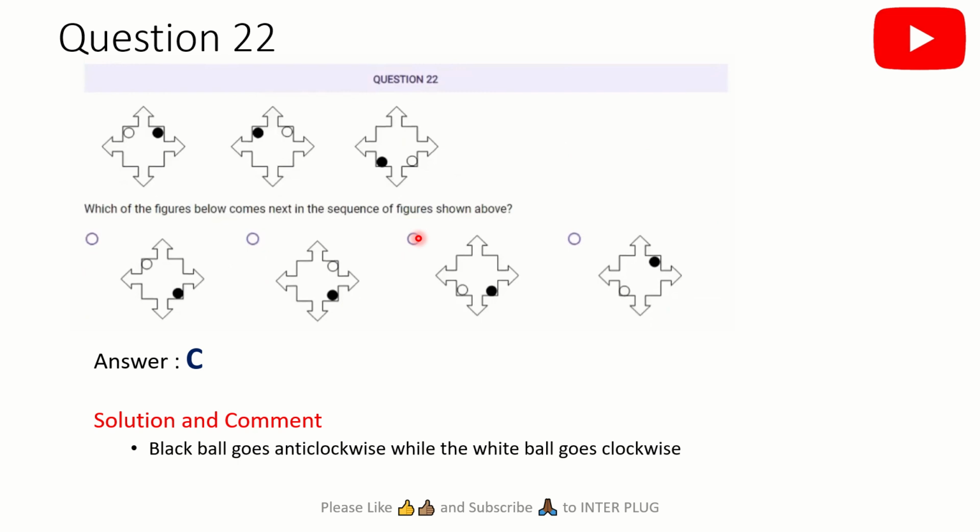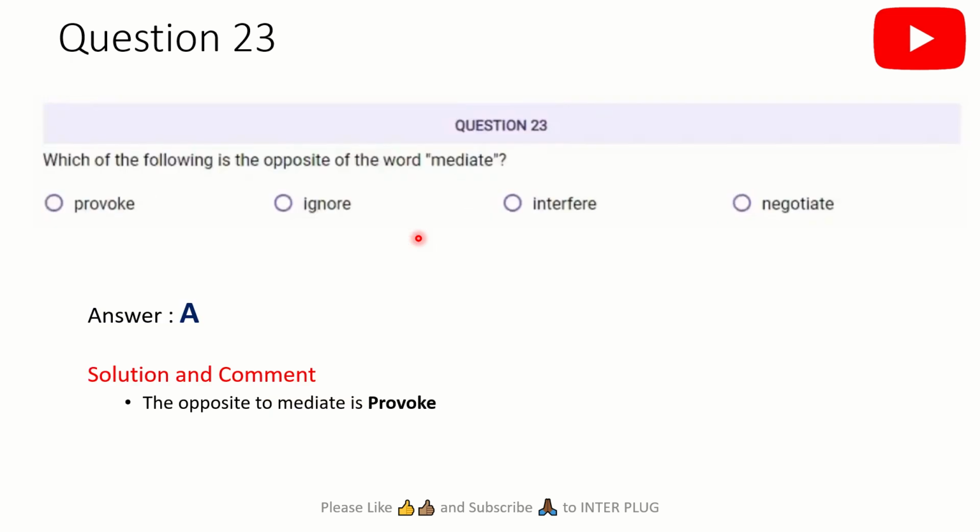Okay, we move on. Question 23. Which of the following is the opposite of the word mediate? You can get someone to mediate, to negotiate, so negotiate is a synonym. I would have said interfere as well, but interfere also goes in the sense of mediating. You're interfering to make sure that everything is looking okay.